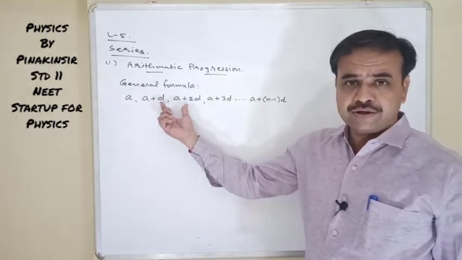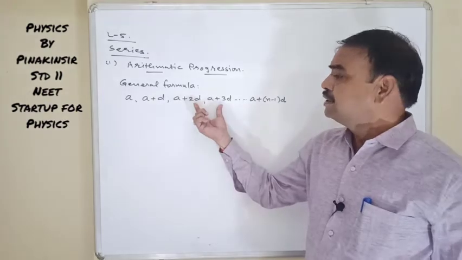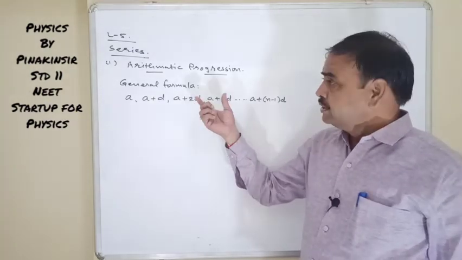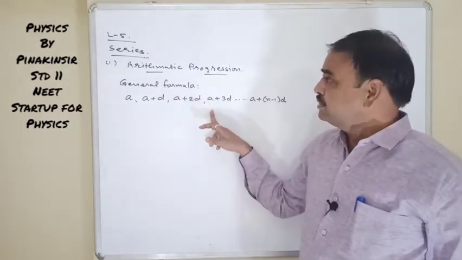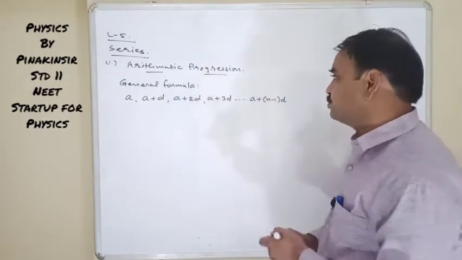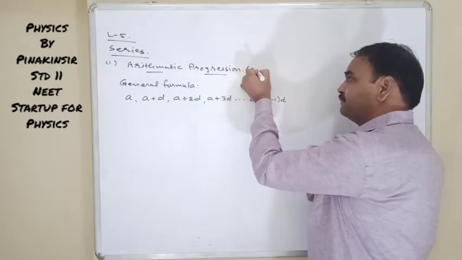Again, between second and third it is D. Again, third and fourth it is D. Such type of mathematical sequence is said to be arithmetic progression. In short, it is written as AP.